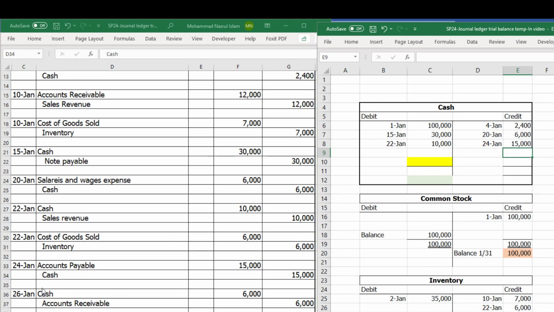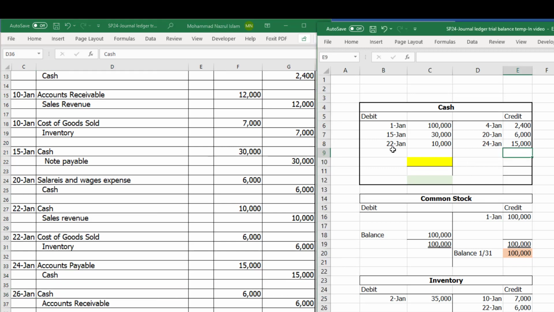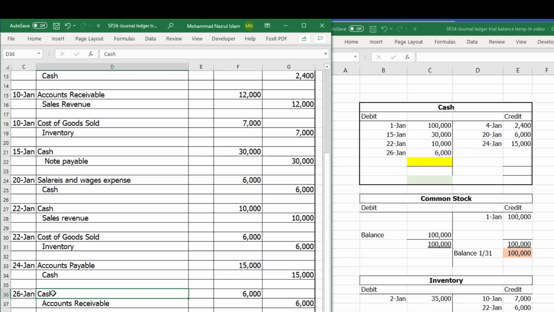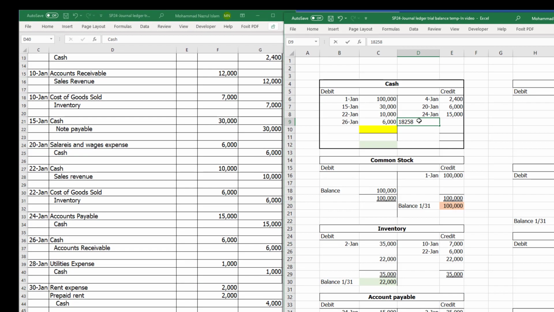And then January 26, we have received cash. So January 26, and the debit amount of cash is 6,000. Again, January 28, the cash has been credited, so that is 1,000.